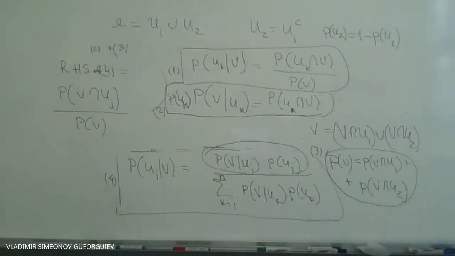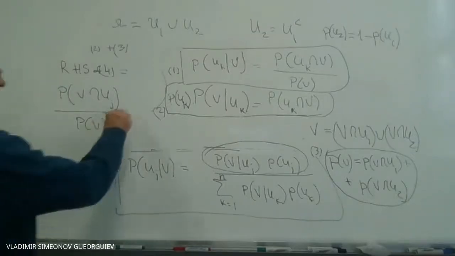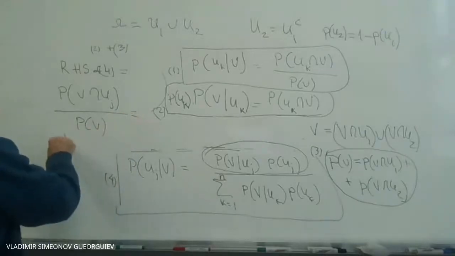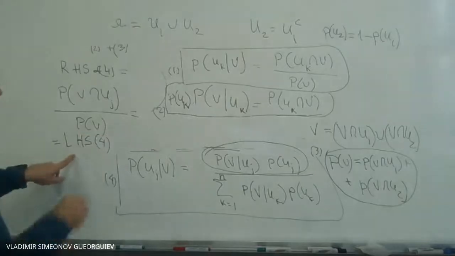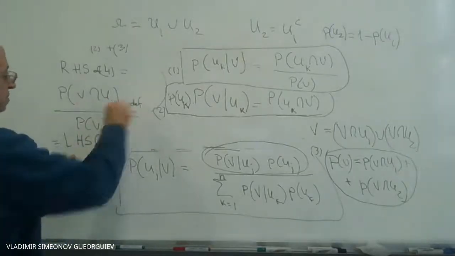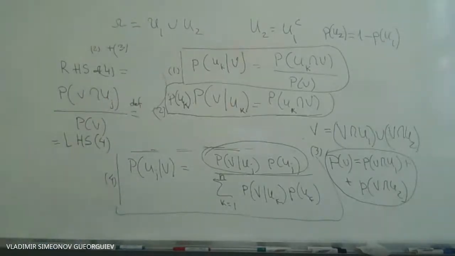So the right-hand side of 4 is this guy. But this guy is equal to the left-hand side of 4 by our definition. And the proof is finished.